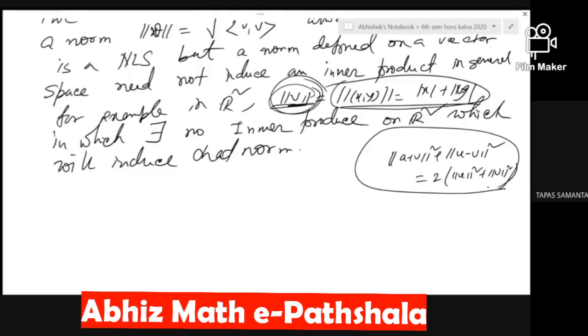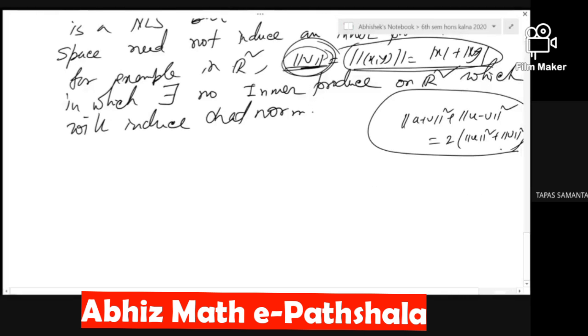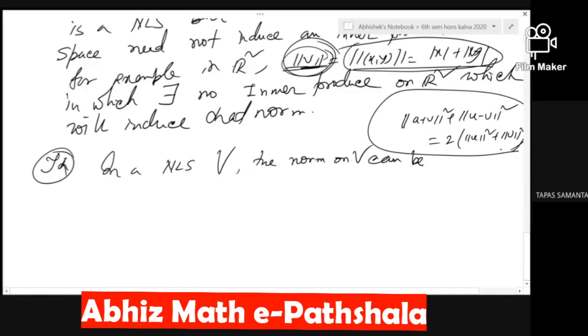This result should be noted down because it is important. In a normed linear space V, the norm on V can be induced from an inner product if and only if the parallelogram law holds.